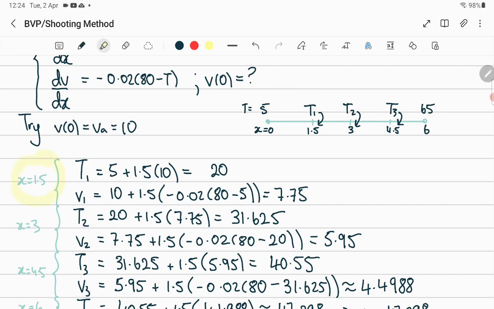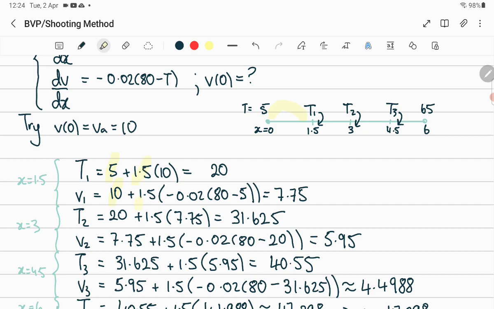So the first time you use the Euler method, like at x equals 0, the temperature is 5. There's no Euler method involved there. Okay, so we do previous, and maybe we'll look at the 2 previous at once. So the previous temperature is 5, because we're going like that. And then the previous v, well, we guessed the initial v to be 10.